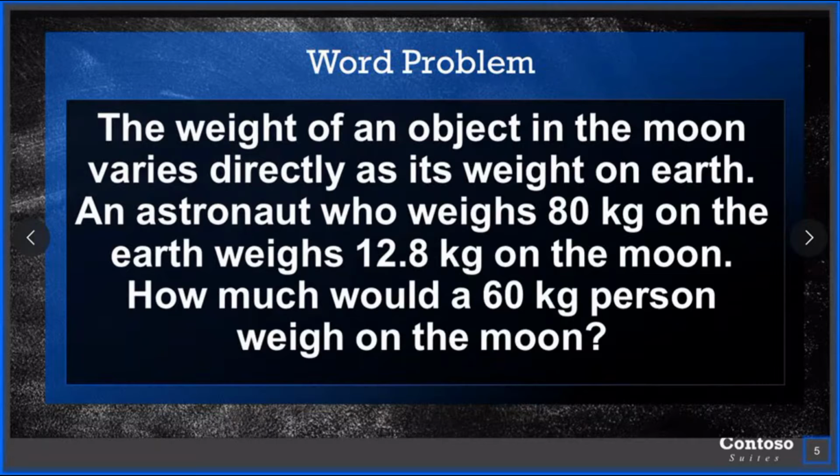Always remember, just like in any other problem, the key to easily understanding a word problem is to analyze it word per word, phrase by phrase, sentence by sentence.